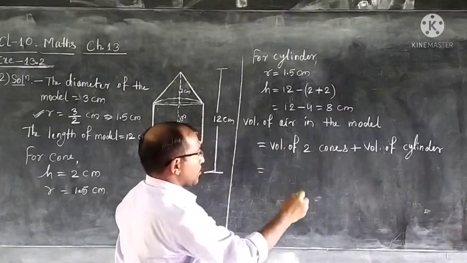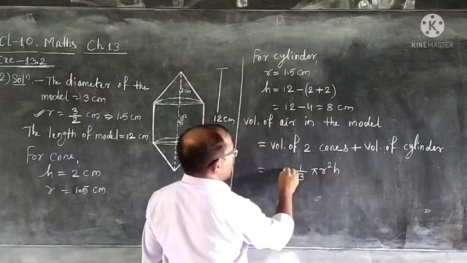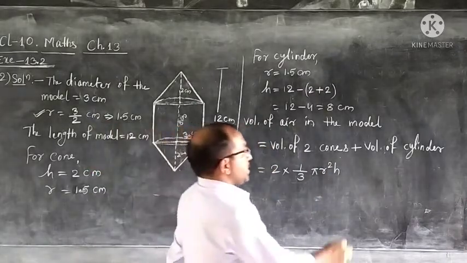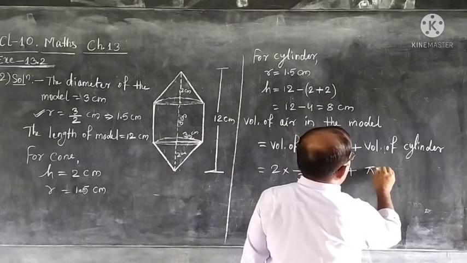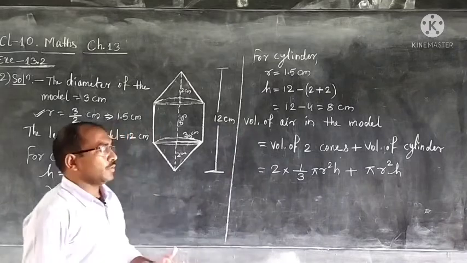Volume of cone formula we know 1 by 3 pi r square h, but how many cones are there? 2. So, into 2. Volume of cylinder pi r square h. We need to remember this formula.